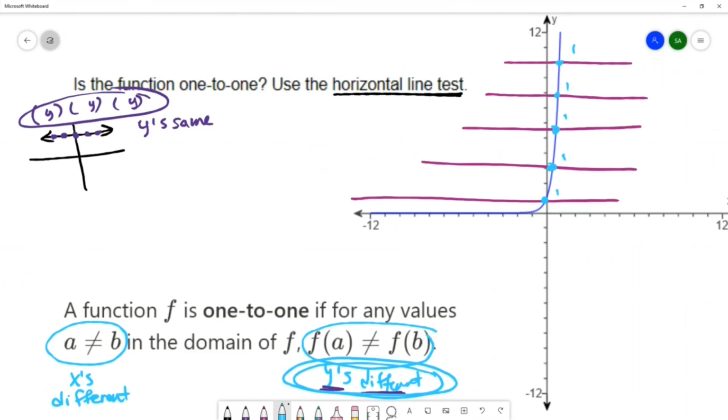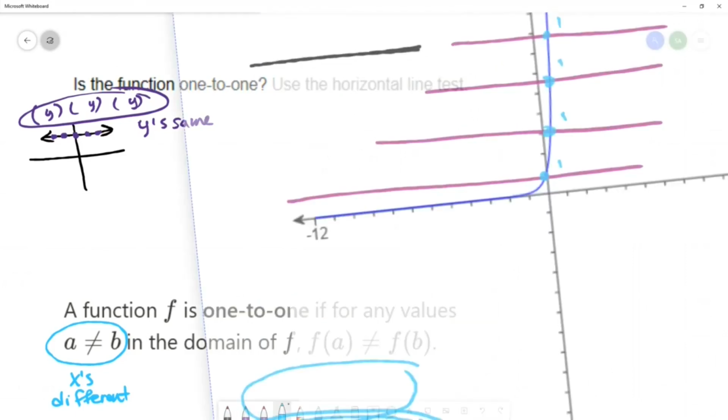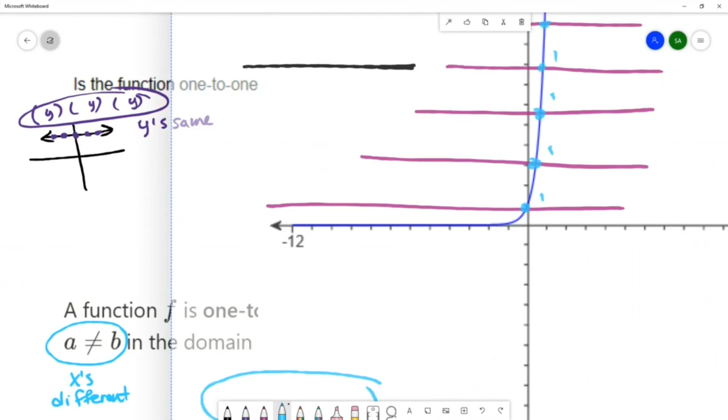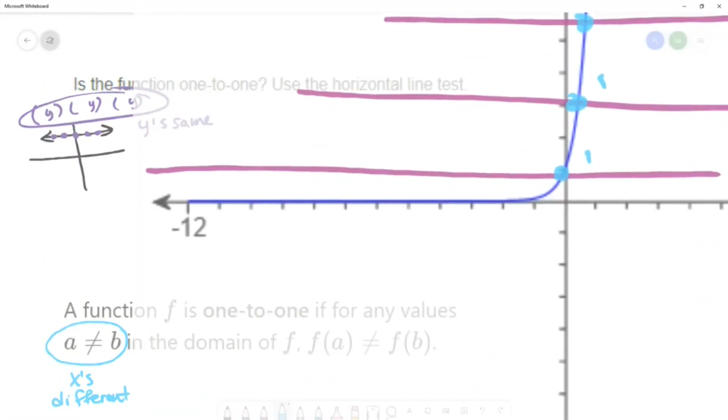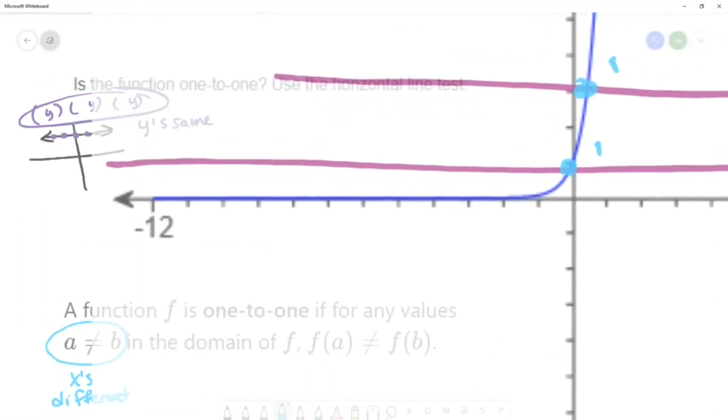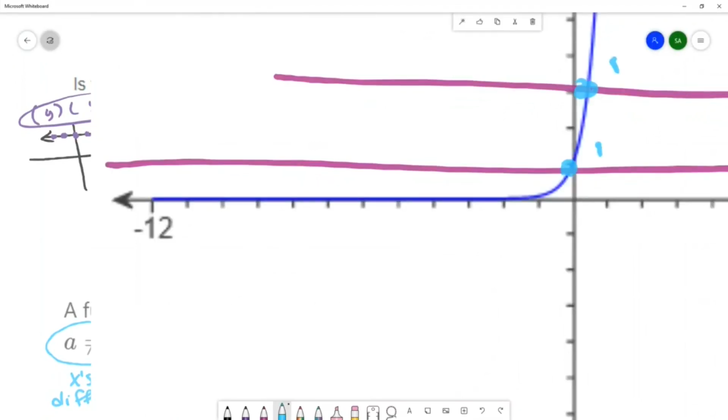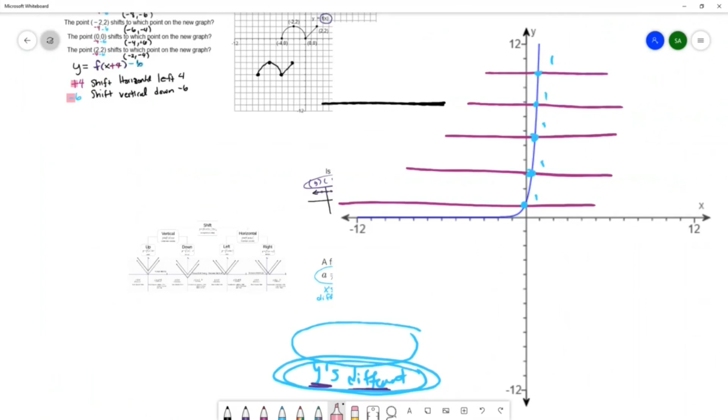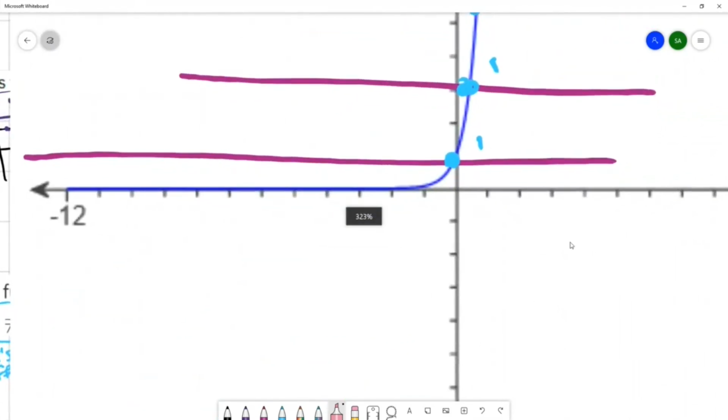Now, it may be a little bit confusing if we focus in on this part of the graph, because it looks like the graph turns into a horizontal line as we get closer and closer here, but this portion of the graph never turns into a horizontal line.